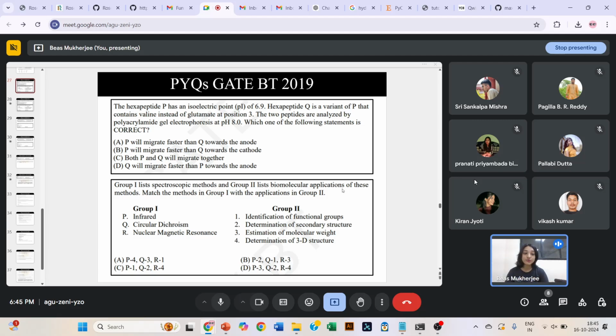So what is going to happen in these two at pH 8? Which one is going to be negative? Which one is going to be positive? And which one is going to migrate faster? If it is negative, obviously it will migrate towards the anode, right? Anion goes to anode. So it is going to migrate to the anode faster. Now you tell me which one is going to be the right answer.